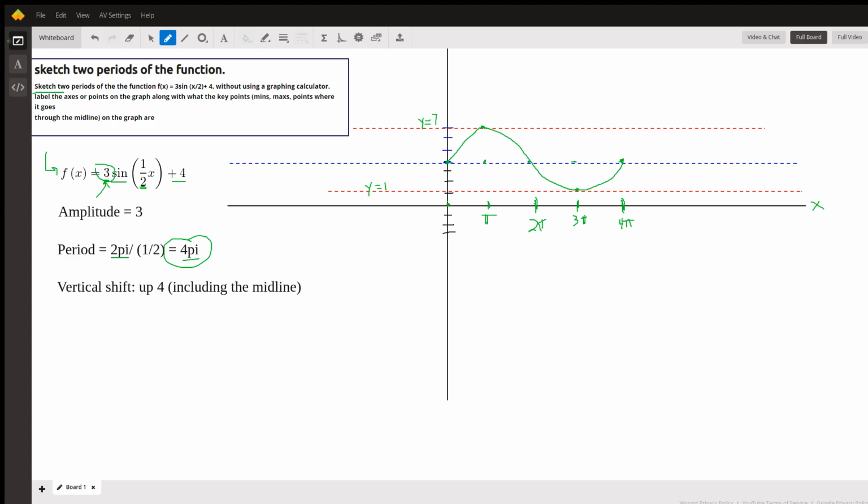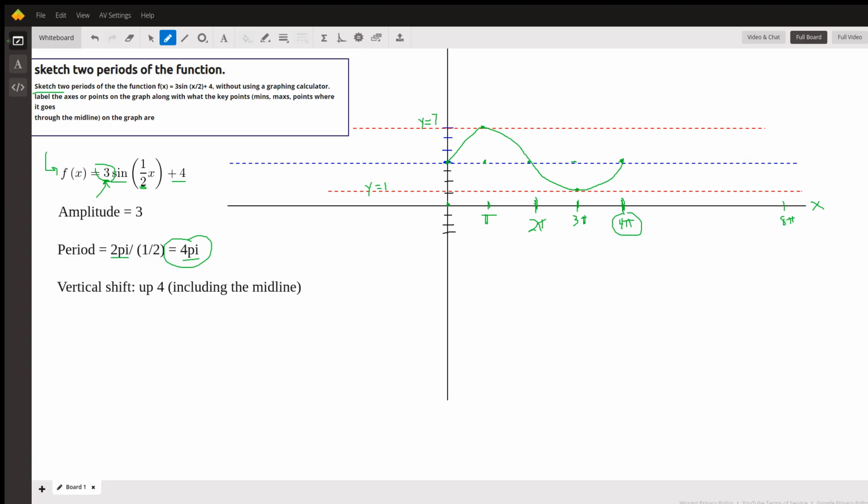For the period, you do the same thing. Put 2 pi here. Half of that is pi. The midpoint from 0 to pi is pi over 2, and so on. And then if you want to do another period, you put something like 8 pi out here. Divide this interval from 4 pi to 8 pi.